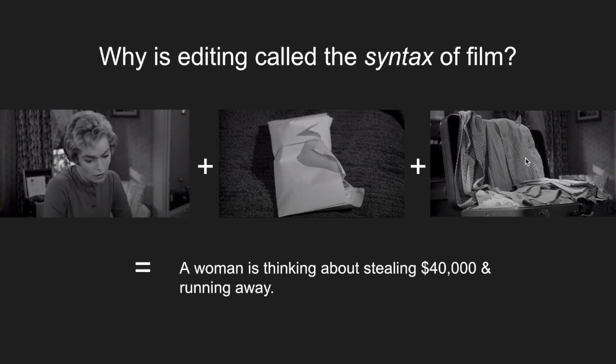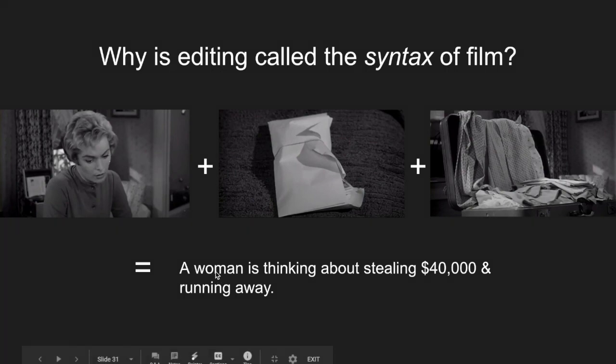Okay, so there's kind of like three pieces of information that are combined in this scene to form a coherent story for us. Okay, a woman is thinking about stealing money and running away. That's why, by the way, we sometimes call editing the syntax of film. All right.